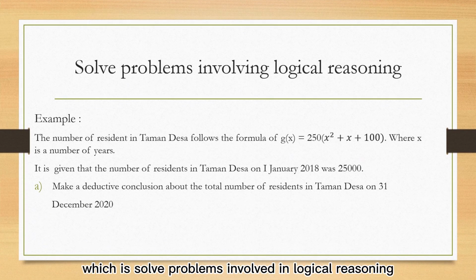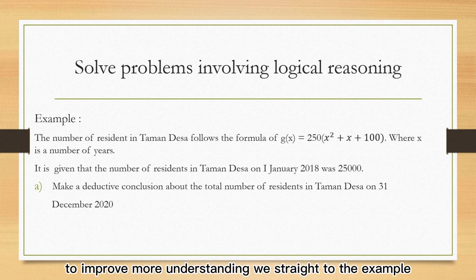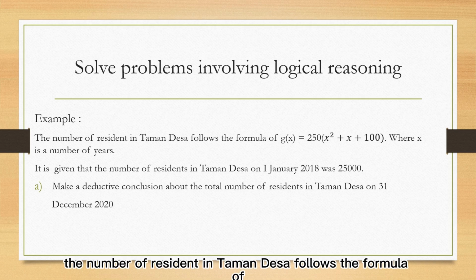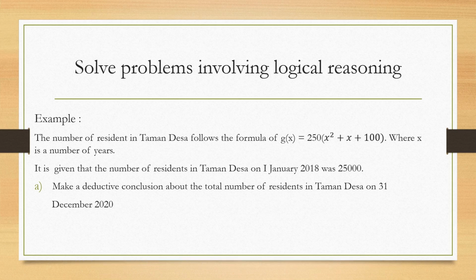Last part for this chapter, which is solving problems involving logical reasoning. To improve understanding, we go straight to the example. The number of residents in Tamatesa follows the formula G(x) equals 215(x power 2 plus x plus 100), where x is the number of years.